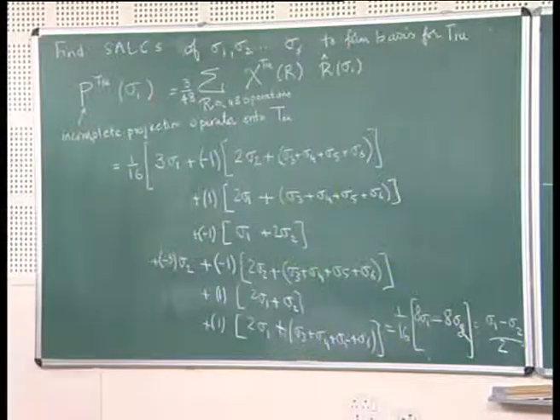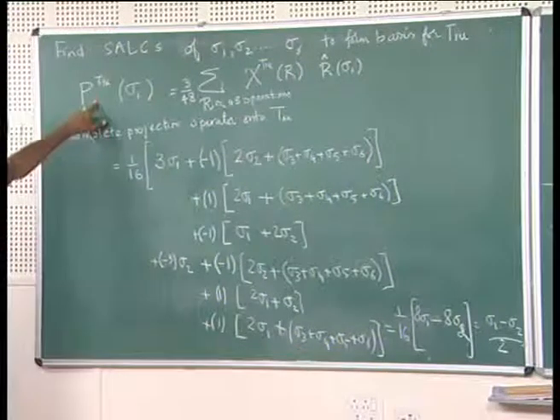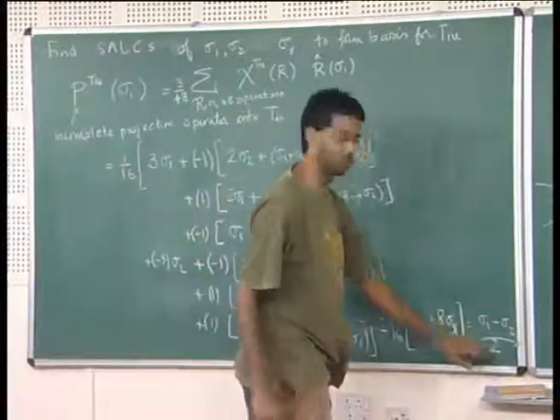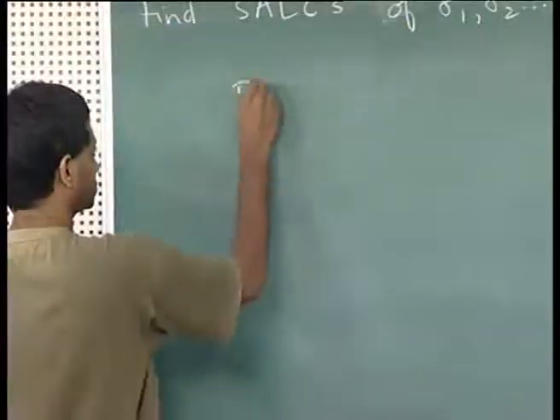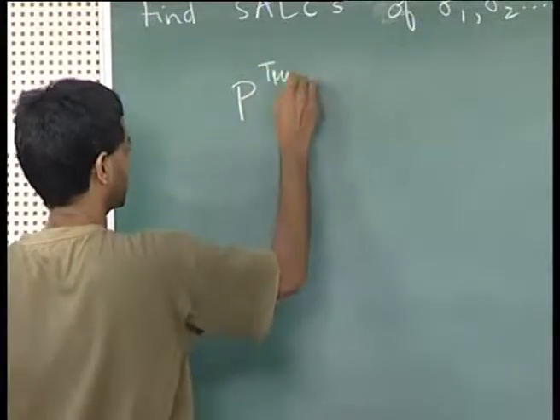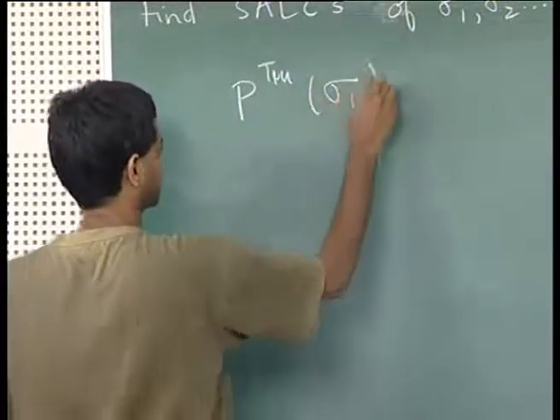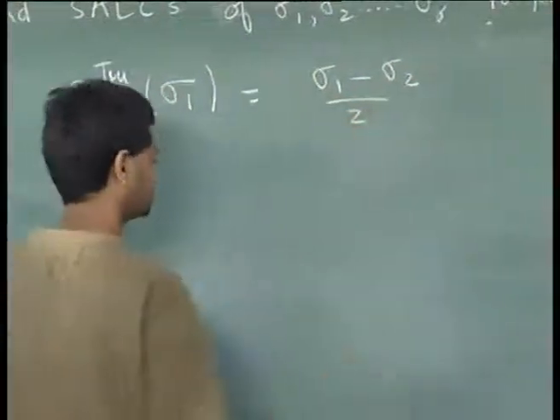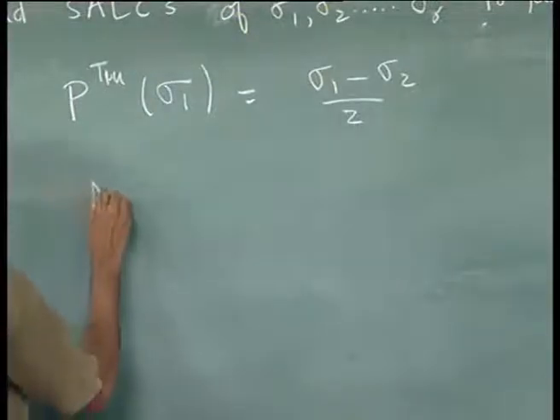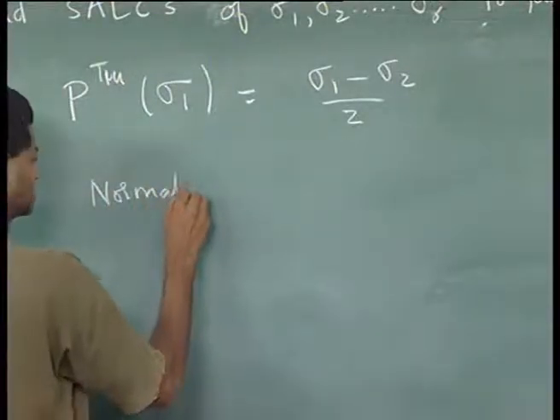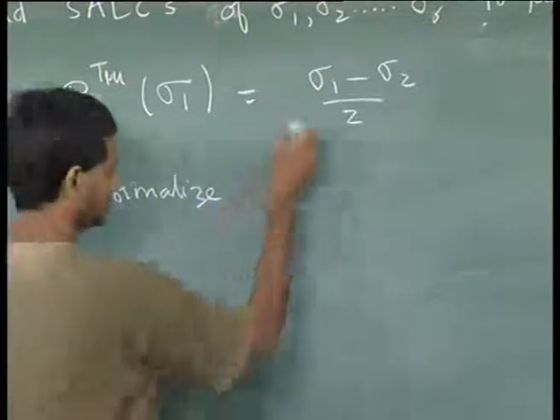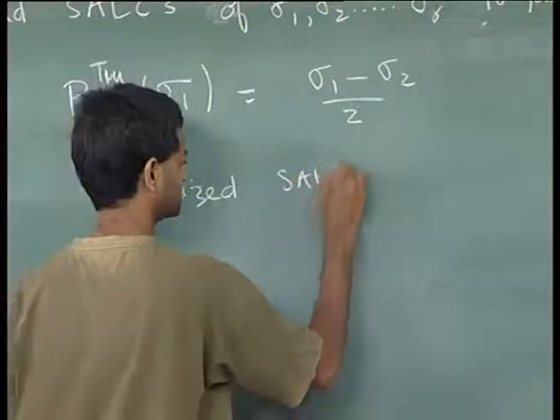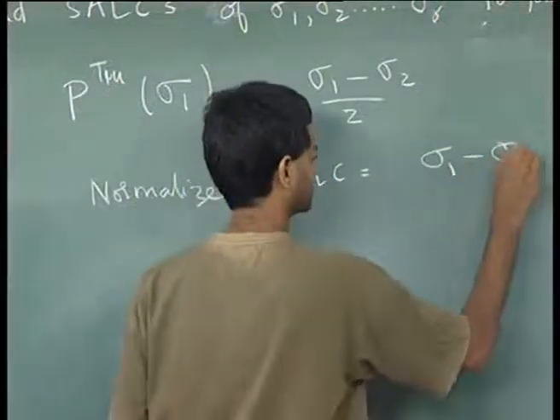So what we showed is that this projection operator takes sigma 1 to sigma 1 minus sigma 2 by 2. Projection onto T1u, the projection operator operating on sigma 1, gives me sigma 1 minus sigma 2 by 2. And if you normalize it, you get the normalized SALC, sigma 1 minus sigma 2 by root 2.